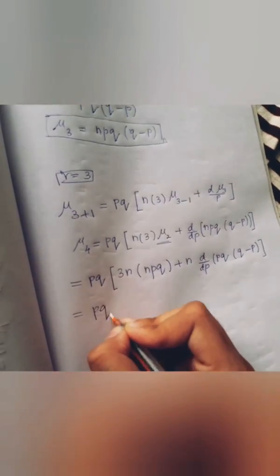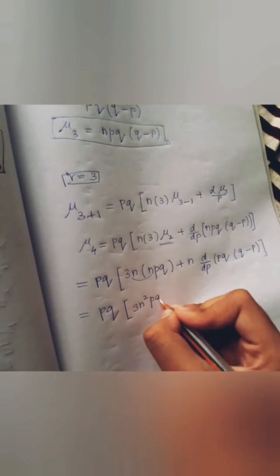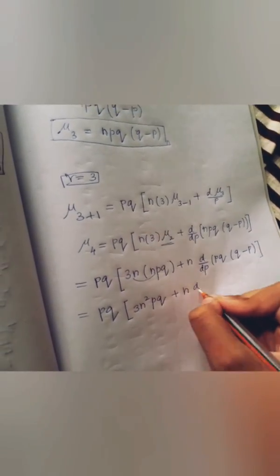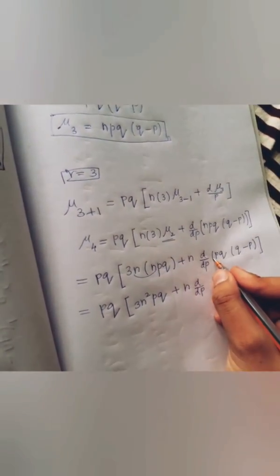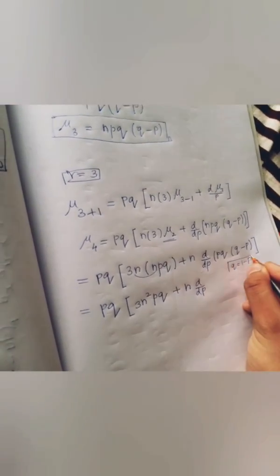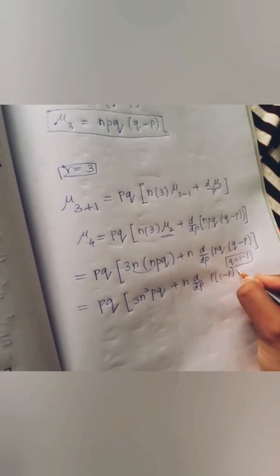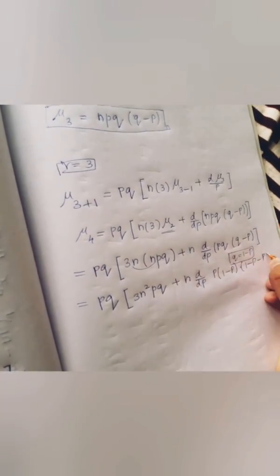Next step, we are writing q as 1 minus p, and in the front we are multiplying inside. Then we write q as 1 minus p, p into 1 minus p, 1 minus p minus p.